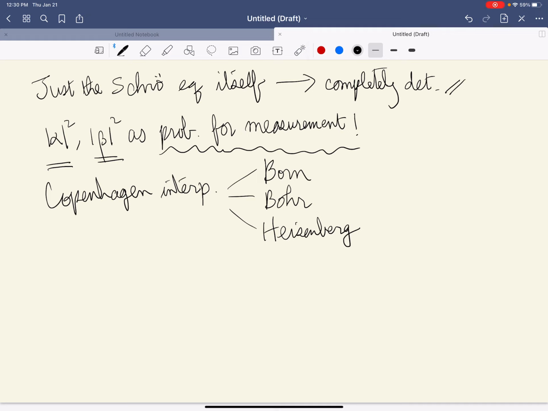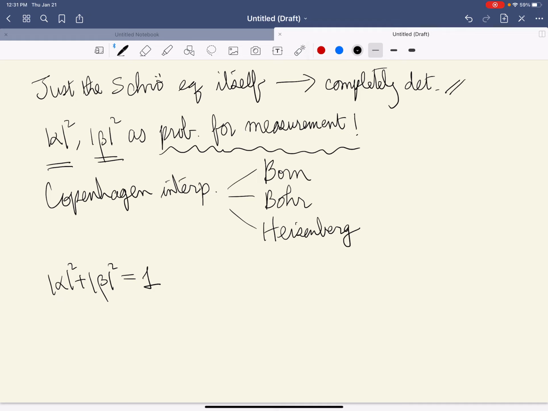Okay, but once we accept the idea of treating these coefficients as probabilities, then we must also accept the idea that this sum of probabilities can never be anything but 1.